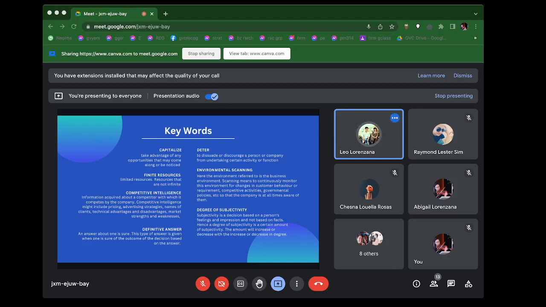Next is degree of subjectivity. Subjectivity is a decision based on a person's feelings and impression and not based on facts. Hence, a degree of subjectivity is a certain amount of subjectivity. The amount will increase or decrease in degree.